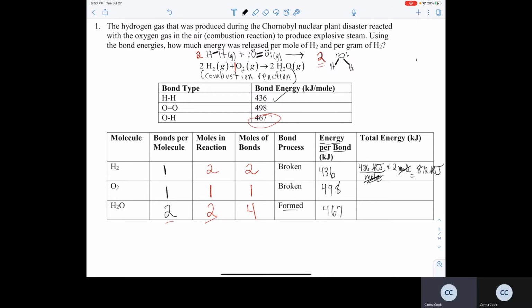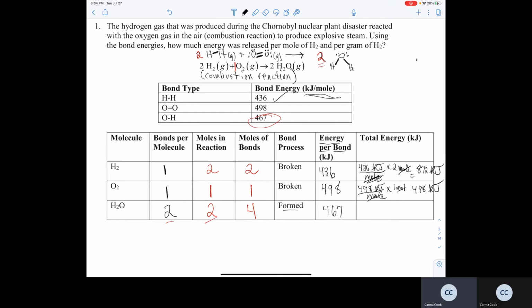And then for the O2, the bond energy is 498 kilojoules per mole, and there's just 1 mole of it. So 498 kilojoules.